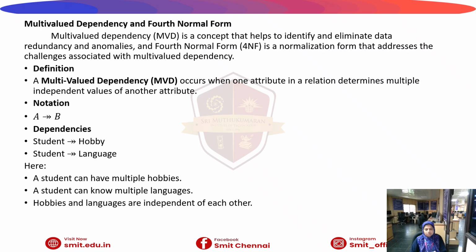For example, a student can have multiple hobbies and can know multiple languages. The hobbies and languages are independent of each other, so indirectly they denote a multi-valued dependency.